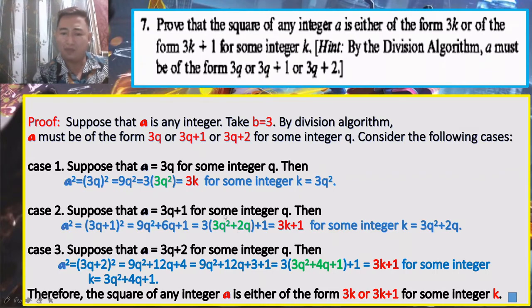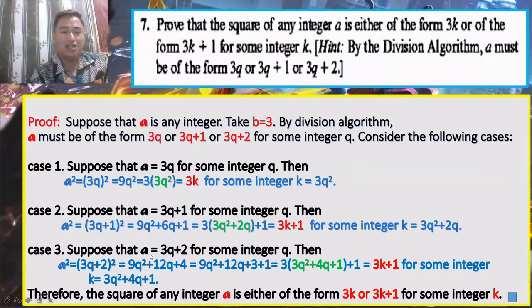Replace that with k: 3k plus 1 for some k equal to 3q squared plus 2q. So if a is 3q plus 1, a squared has the form 3k plus 1.